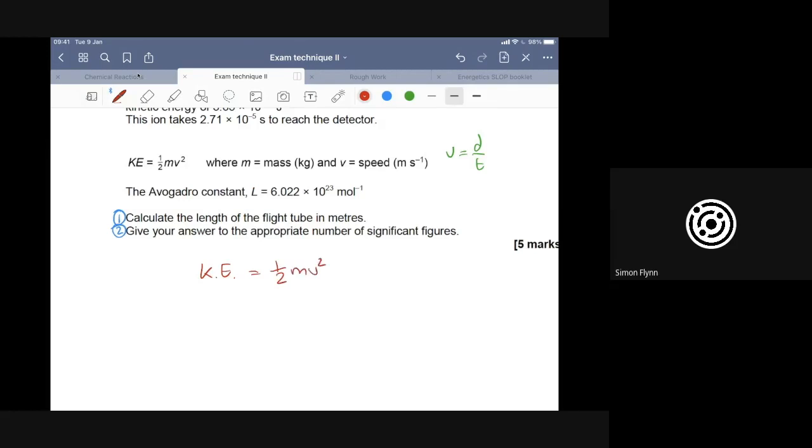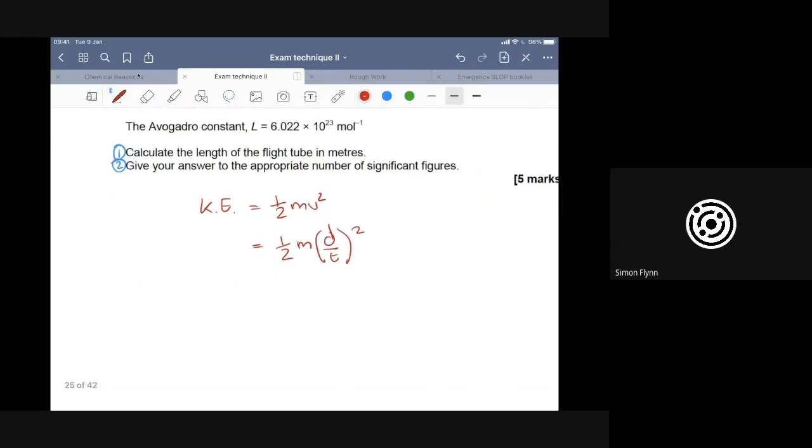Now you're going to replace v with d over t. So you can take it as easy as you wish, in that you can just put brackets. So you've got d over t, if that's what you want to do, squared. It doesn't matter that you're spelling things out very carefully.